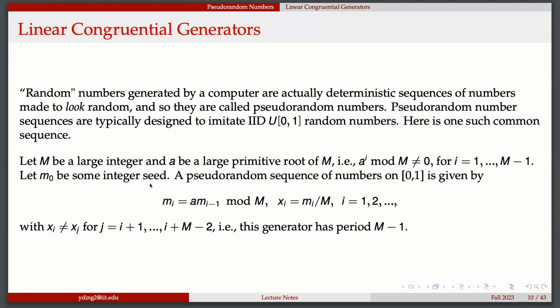We use m naught as the integer seed, and then multiply by a. After this you do the modulo, and that will be your new mi. Then use this mi over the capital M, and you can get this.